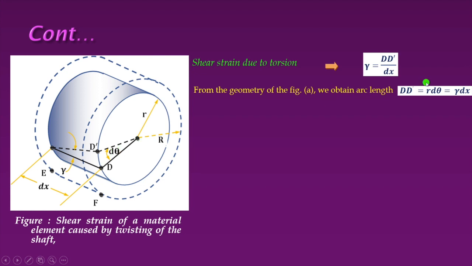So we can also write DD dash equals r into d theta, the arc length, similar to this equation. And from the other equation, DD dash is again gamma into dx. Now, from these equations, we can write gamma equals r d theta by dx.